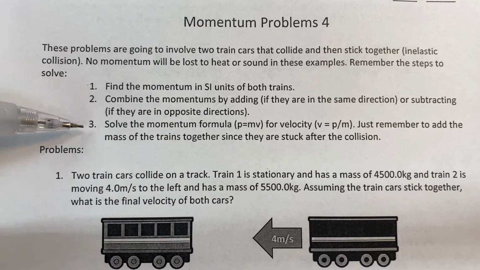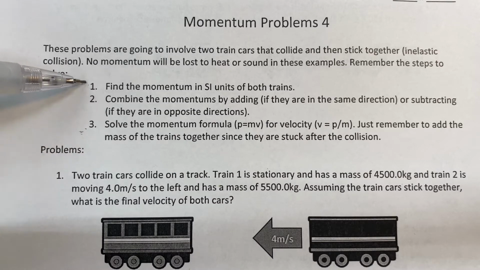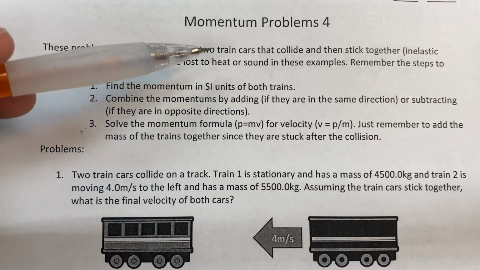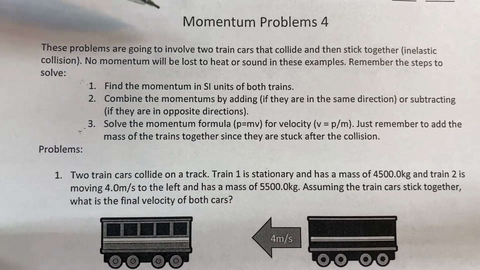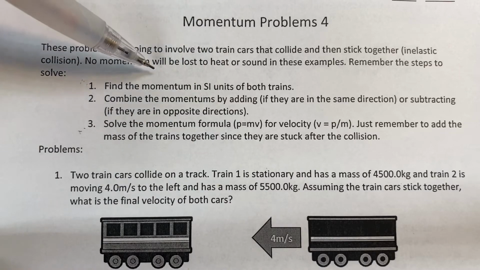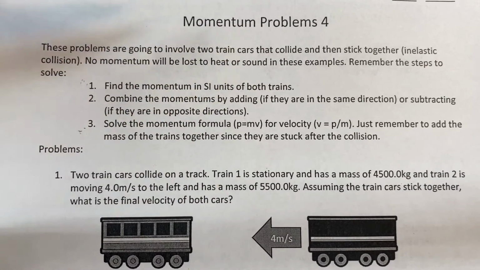So I have the 3 basic guidelines for when you want to solve a collision problem where the objects are going to stick together and you're going to have an inelastic collision because you're going to lose kinetic energy. And no momentum is going to be lost in this collision to heat or sound. So all the momentum is going to be conserved.